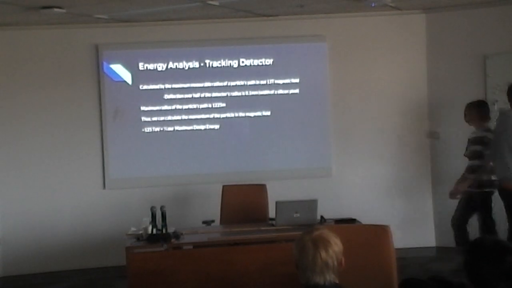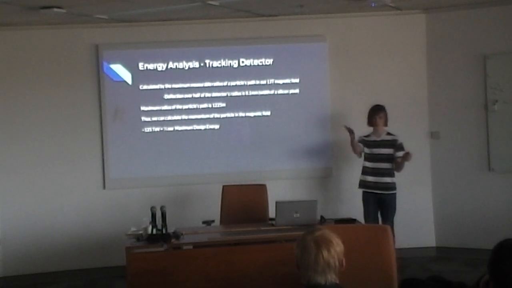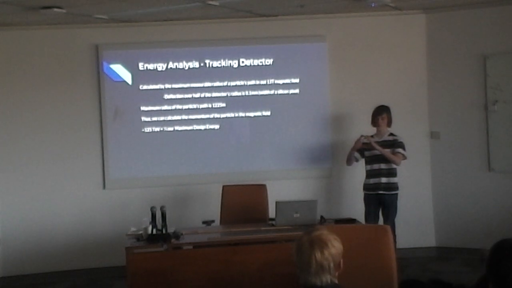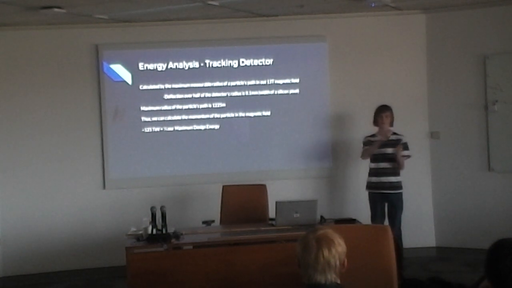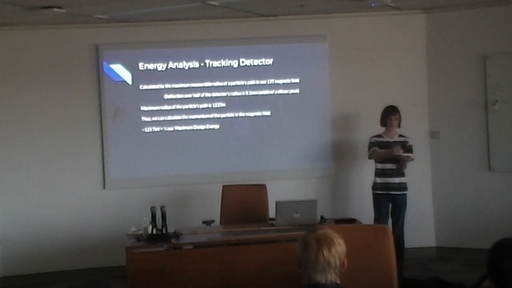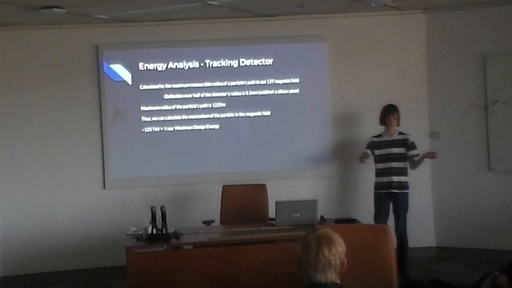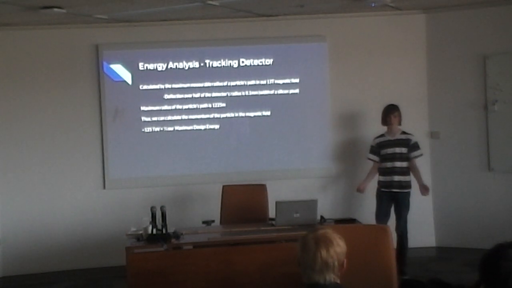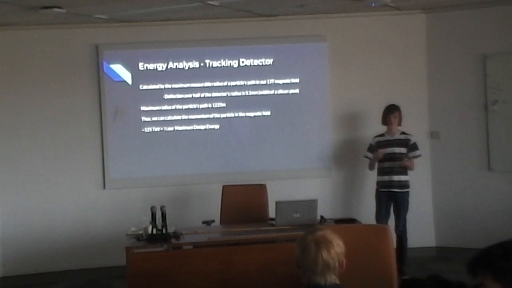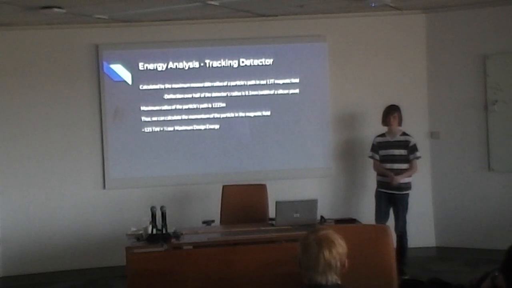Okay, so the way we do the energy analysis is, if you visualize it, you'll have the inner sphere of the tracking detector, the outer sphere, and then some sphere in between. A deflection of 1 pixel in either direction on the middle sphere allows you to geometrically calculate the radius of the circular path that the particle will take inside our solenoid's magnetic field.